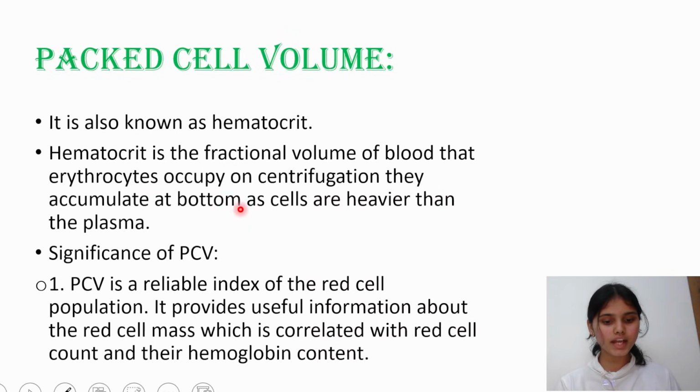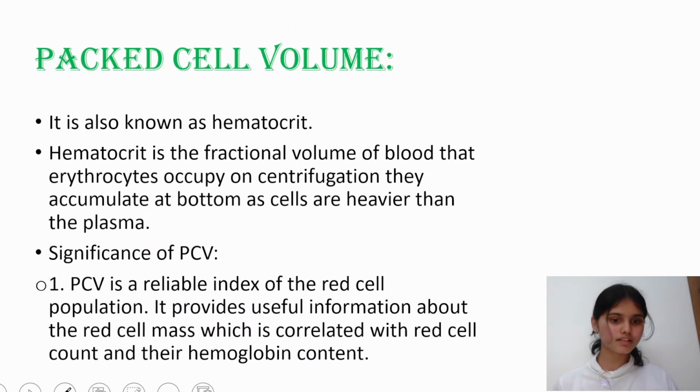They accumulate at the bottom as the cells are heavier than the plasma. Simple. I take blood, I centrifuge it, plasma on the top, erythrocytes at the bottom. Because why? Because they're heavier than the plasma. And because of that, they tend to pack up at the bottom.